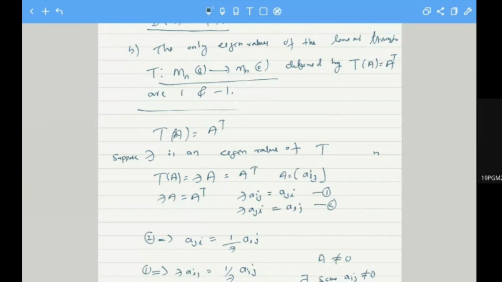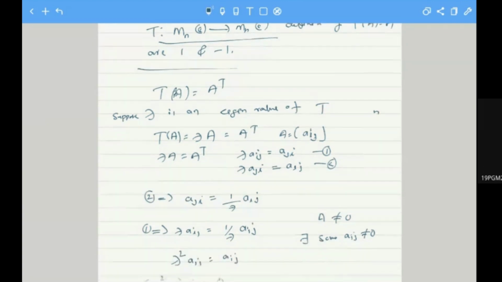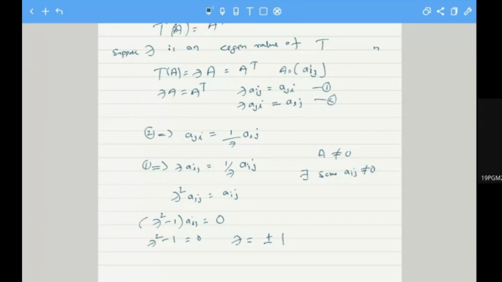Sir, I have a doubt. Lambda Aij is equal to Aji. Then the second equation, how do you write this? I am just equating the corresponding terms. Consider the matrix lambda A and consider the matrix A transpose.